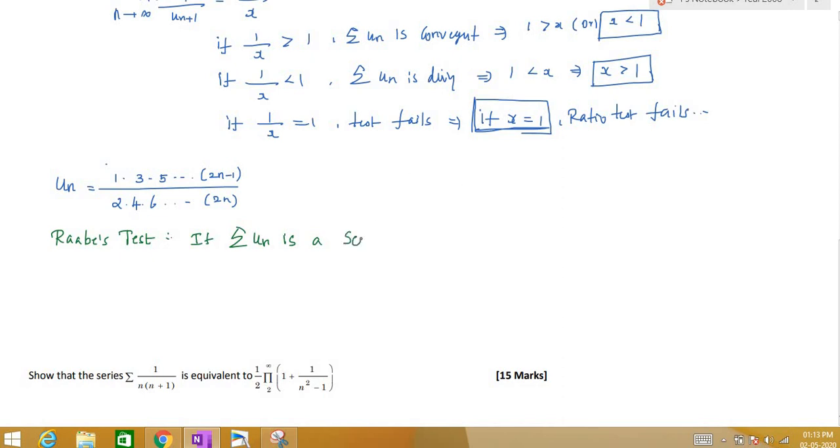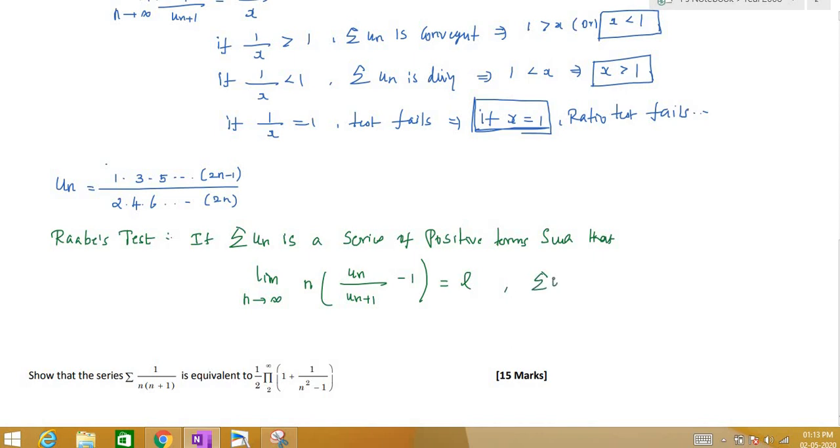So if un is a series of positive terms such that you find limit n tends to infinity, n into un by un plus 1 minus 1, and it is equal to L, then summation un is convergent if L is greater than 1 and divergent if L is less than 1, right?